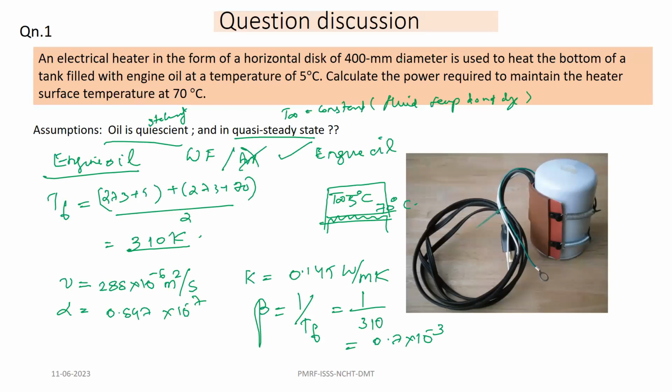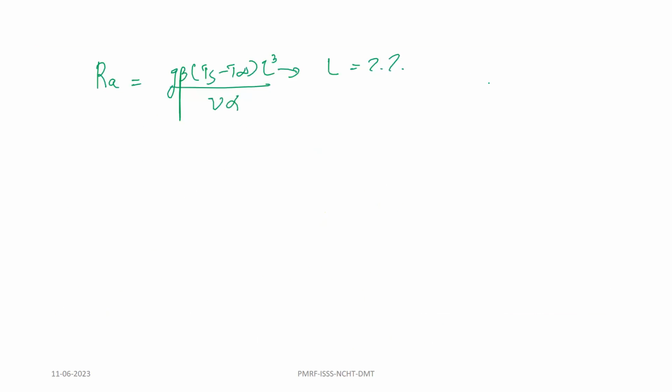This is not a vertical plate, this is a disk. So L is the characteristic length, which is area by perimeter, which becomes (pi d square by 4) by pi d. So that will be d by 4.